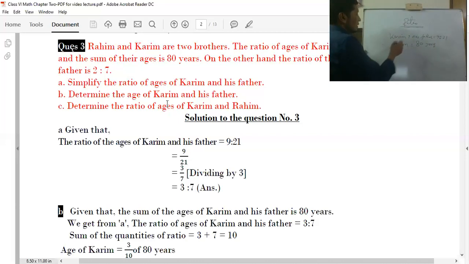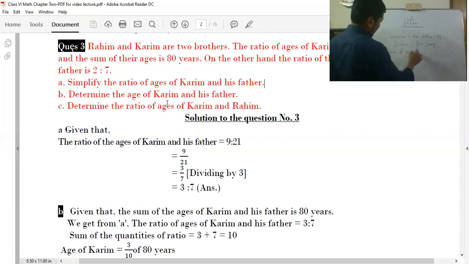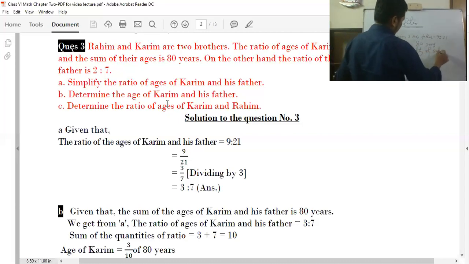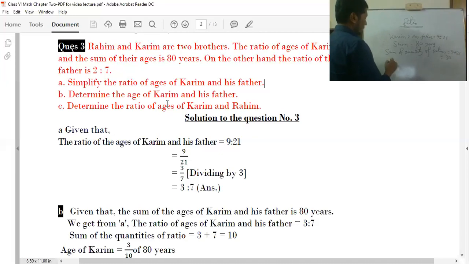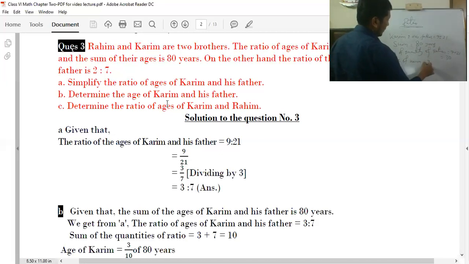The best way is to add them. The sum of the quantities is equal to 9 plus 21, that is 30. So the age of Karim will be 9/30 part of 80.